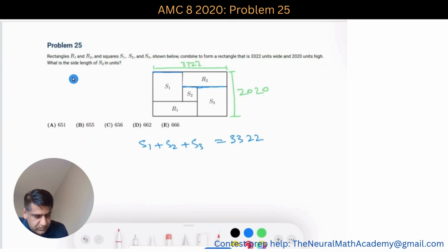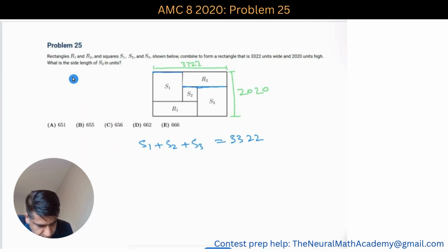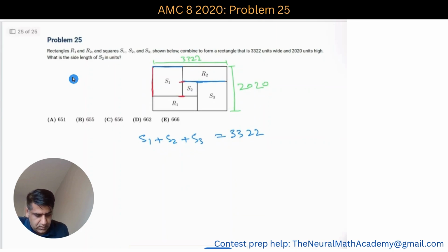And similarly, I can also write S1 minus S2, that is this, and then plus S3, that is equal to 2020. So I can write S1 minus S2 plus S3 equal to 2020.